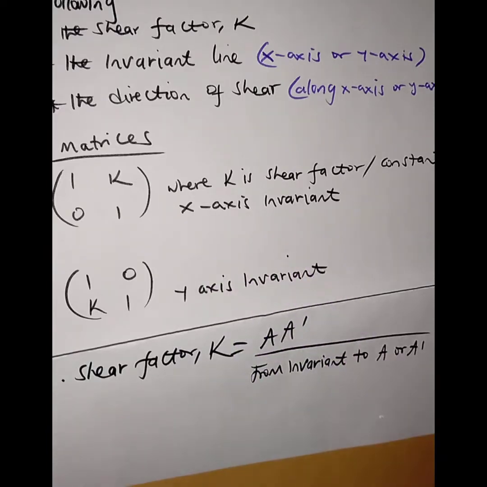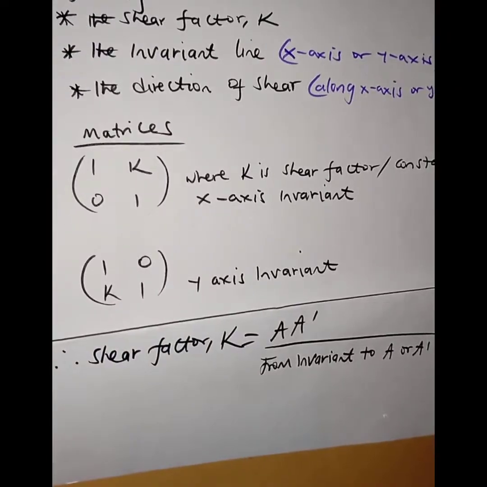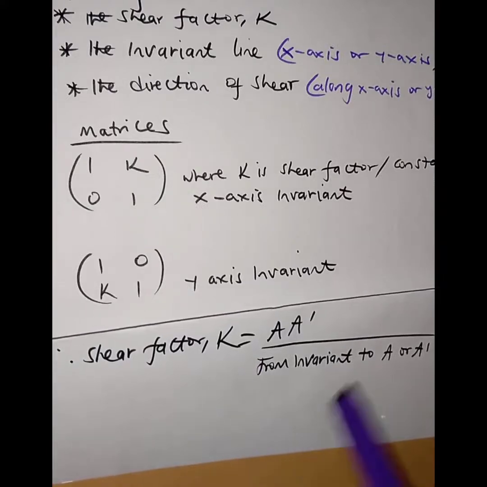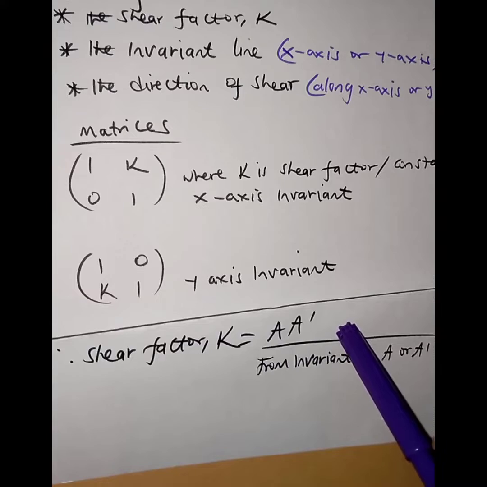Now, how do you find the shear factor? For you to find the shear factor, which is K, you get any two corresponding points. Get the A object, for example, to the A image, count how many units are in between.